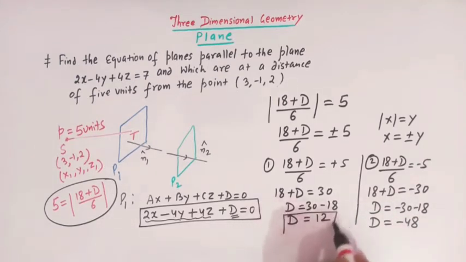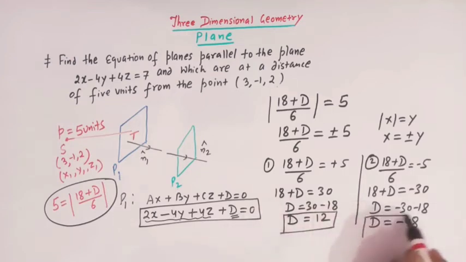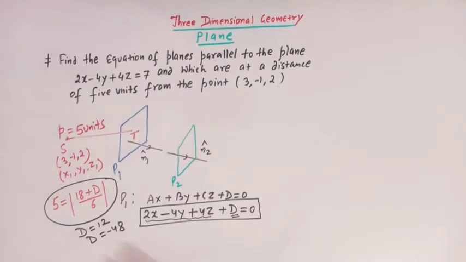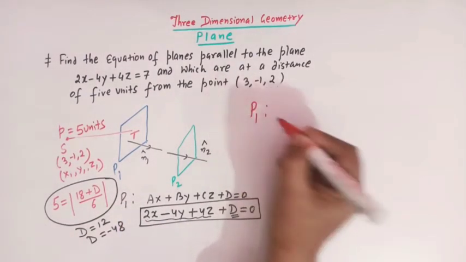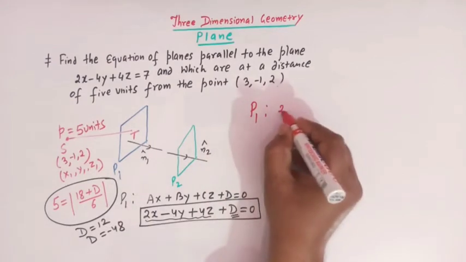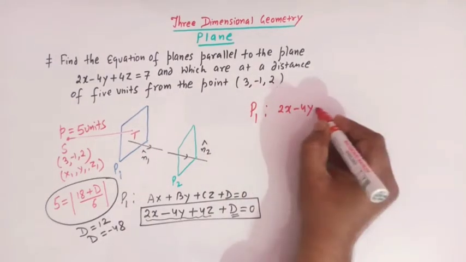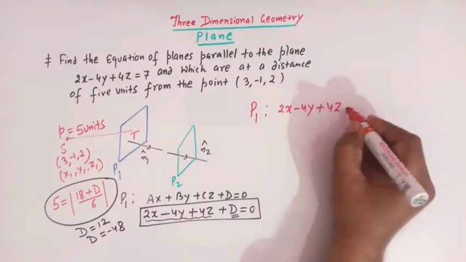So now here we have two values of d. The first one is 12 and the second one is minus 48. So now the equation of this plane P1 can be written as 2x - 4y + 4z + d.